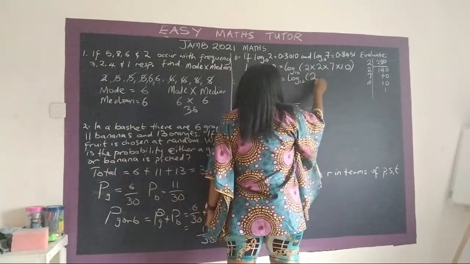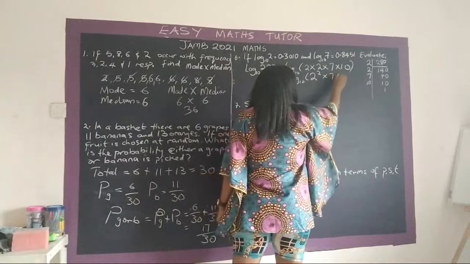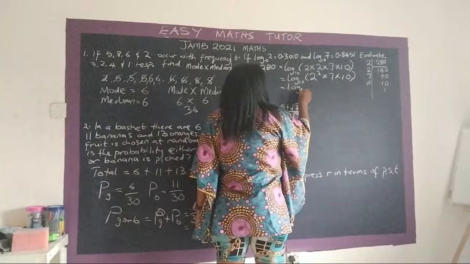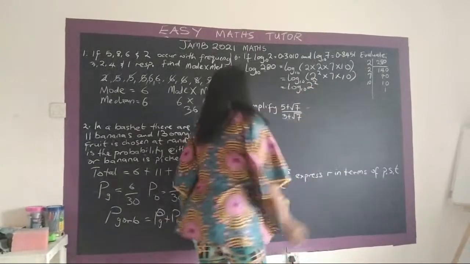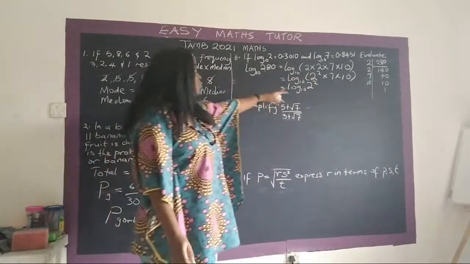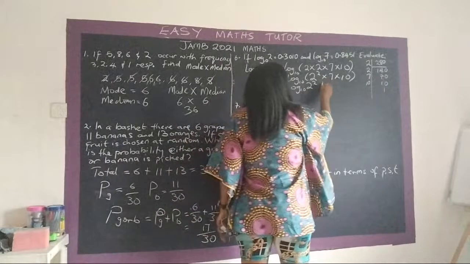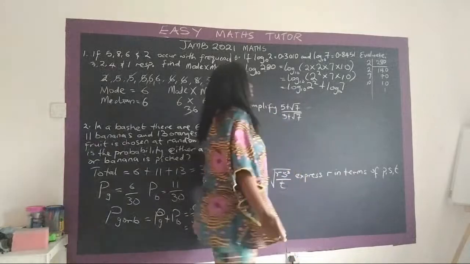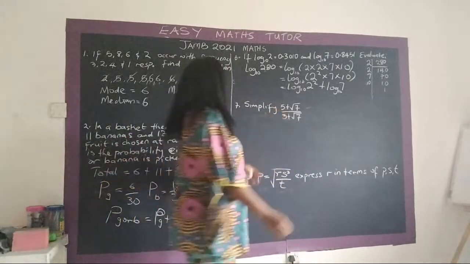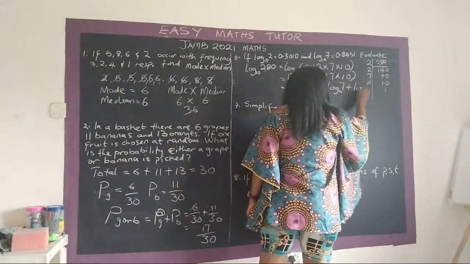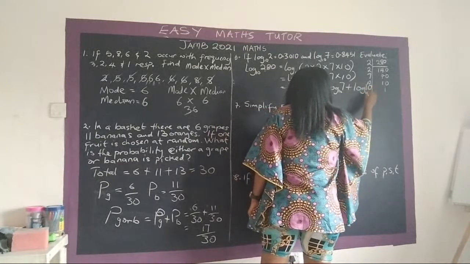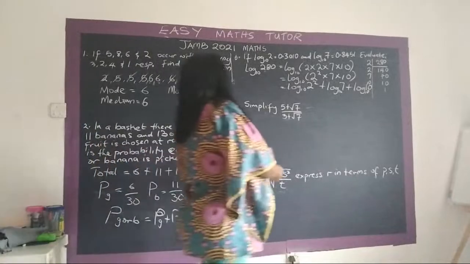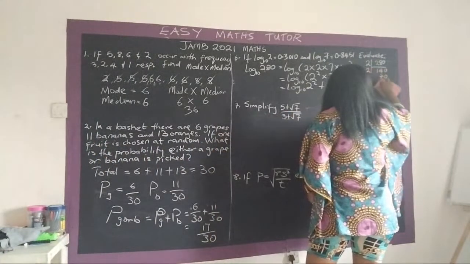We say log 2 squared plus log 7 plus log 10, all base 10. Log 10 base 10.